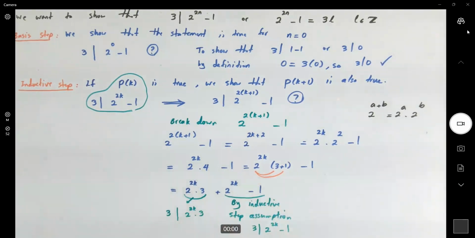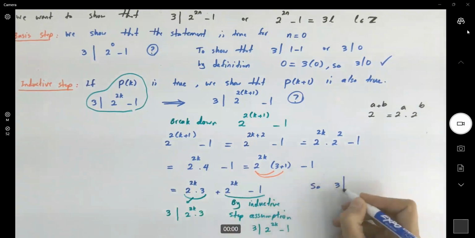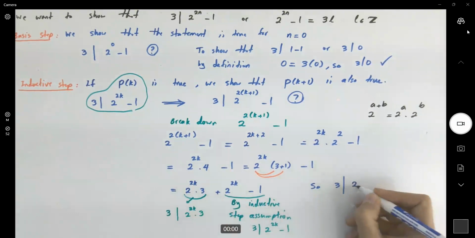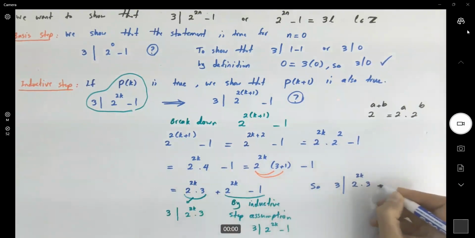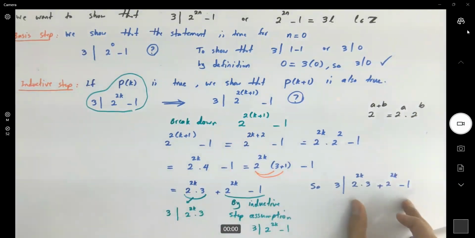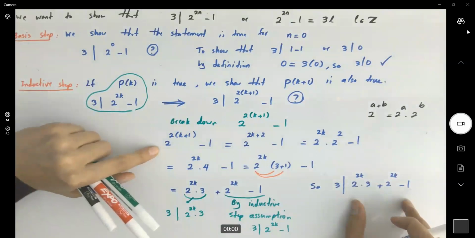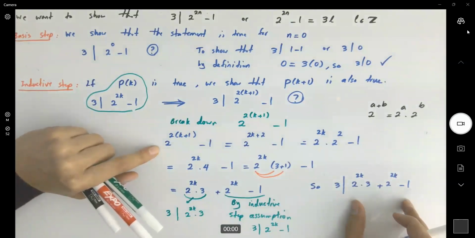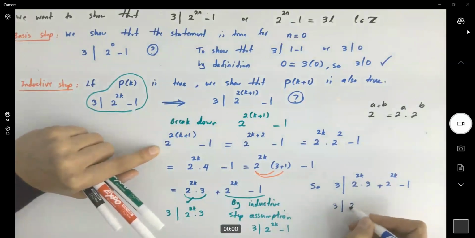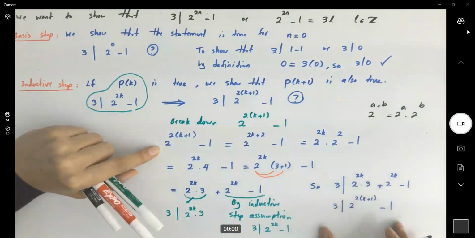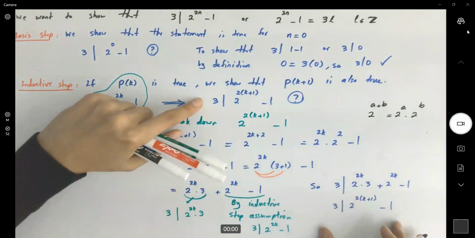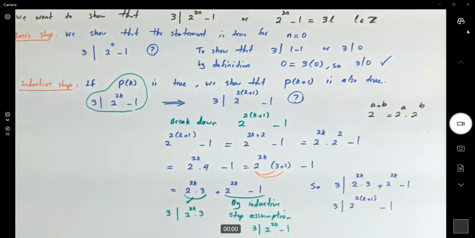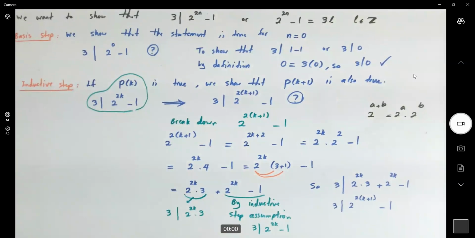So, the conclusion is 3 divides their sum, 2 to 2k times 3 plus 2 to 2k minus 1, which is the same as what we have started, 2 to power 2k plus 1 minus 1. 3 divides 2 to power 2k plus 1 minus 1. But this is what we tried to prove, P of k plus 1. So by induction, we just proved that. This is your conclusion.